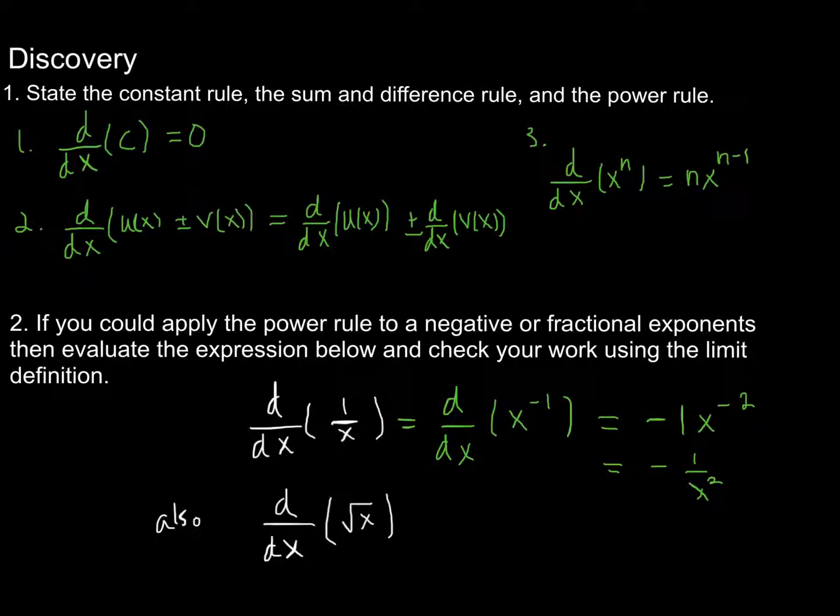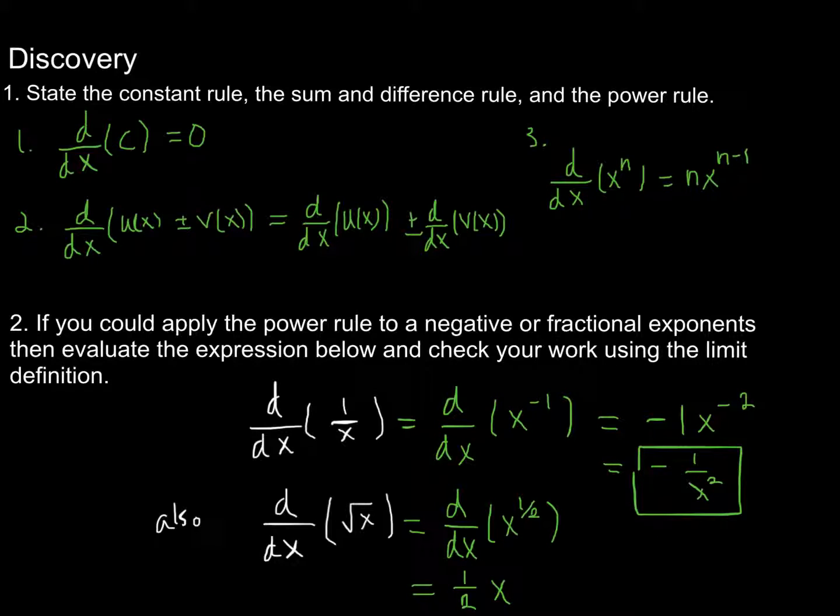Now, if you go ahead and use the limit definition, you can confirm that this is in fact the correct answer. Here, this is taking the derivative with respect to x of x to the 1/2. If you apply the power rule here, you get 1/2 times x, and then 1/2 minus 1 would be negative 1/2.